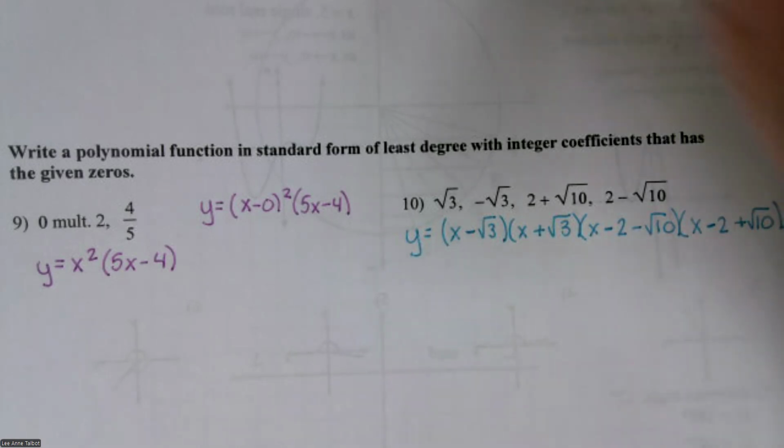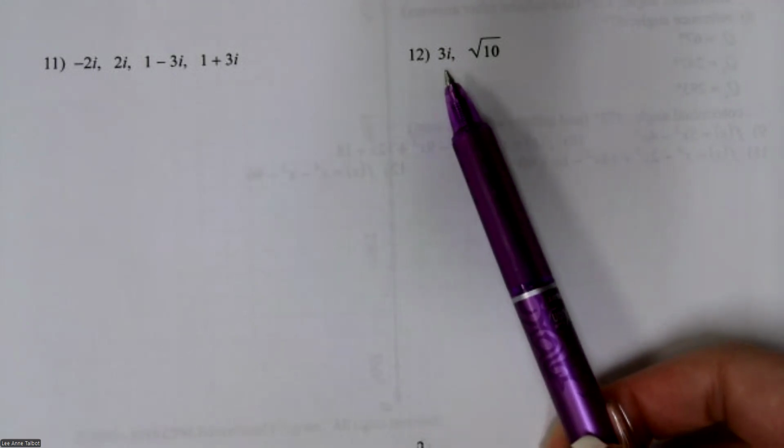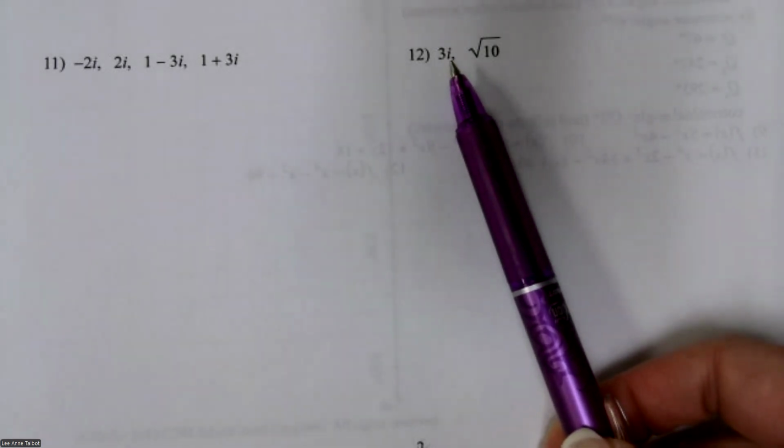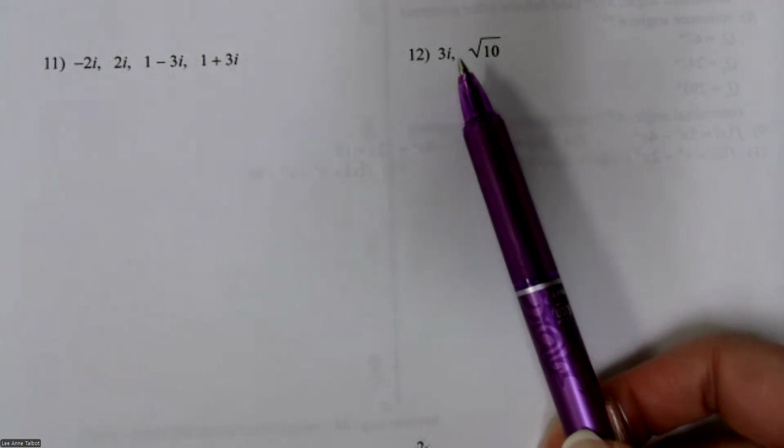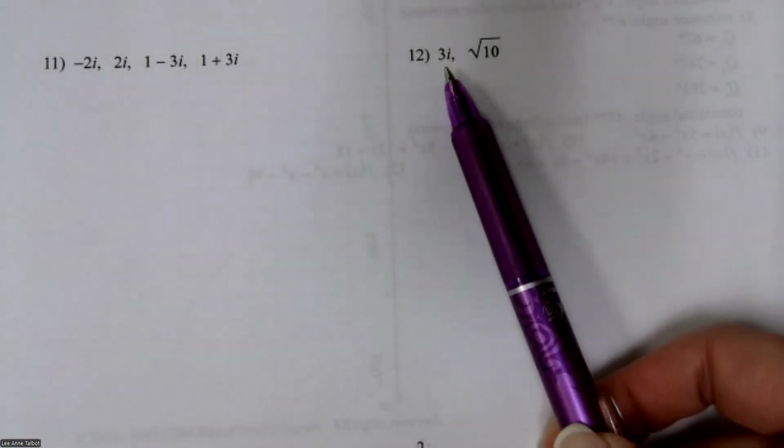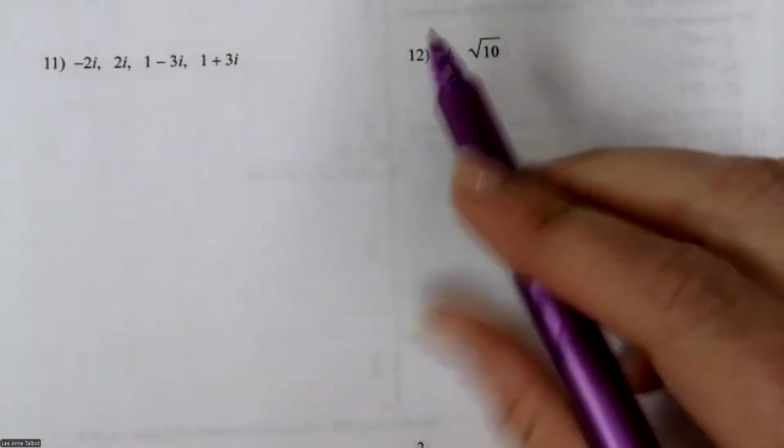Okay, so Connor, one more question for you. Number 12. Okay, cool. What type of root is this? Complex.